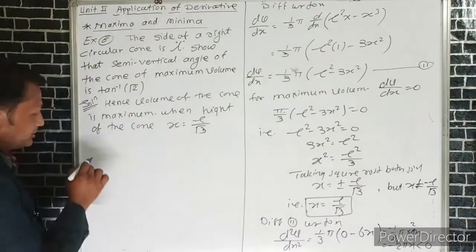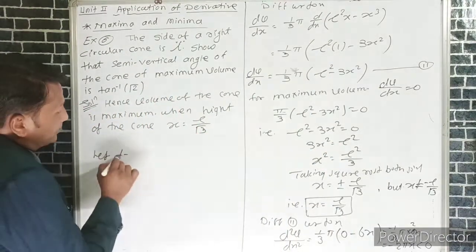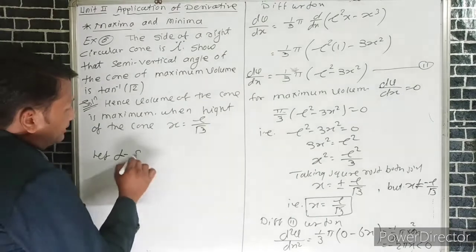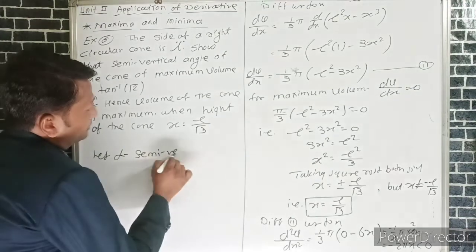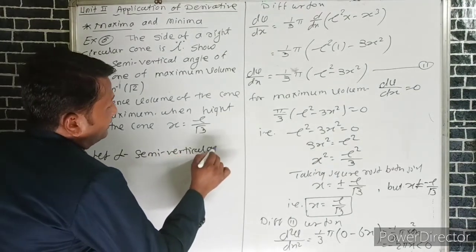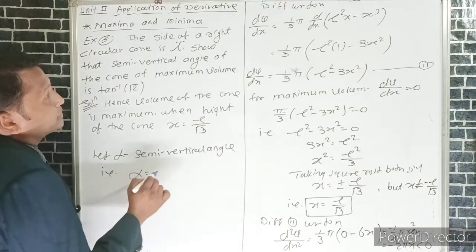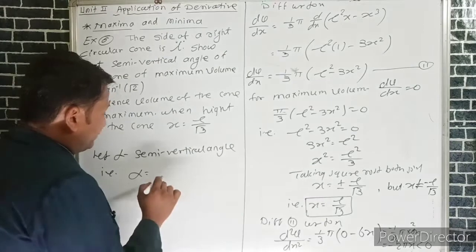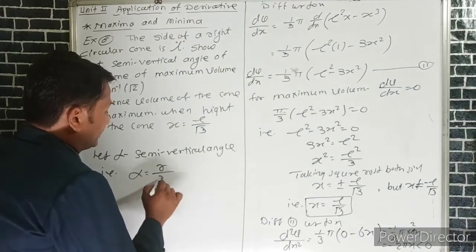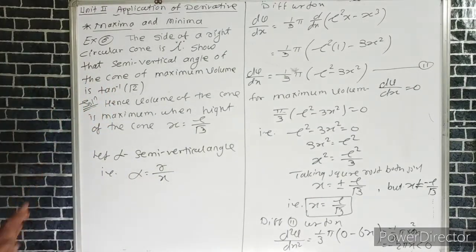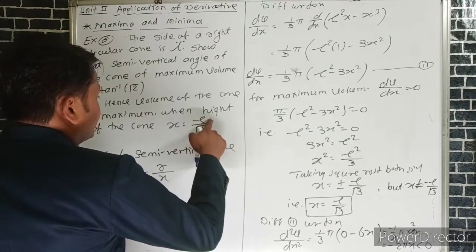So let alpha be the semi-vertical angle. We can write tan alpha, which is the semi-vertical angle, as r upon x, radius upon height. Here the value of x is already L upon root 3.